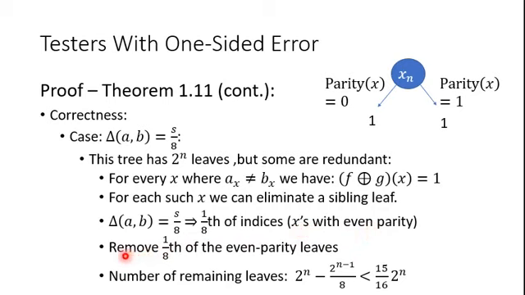So what we can do is remove 1/8 of these even parity leaves. And so the number of remaining leaves is what we started with, 2^n, minus the even parity leaves divided by 8, so 1/8 of the even parity leaves. This is just divided by 2 for the even parity. And this is less than 15 divided by 16 times 2^n.